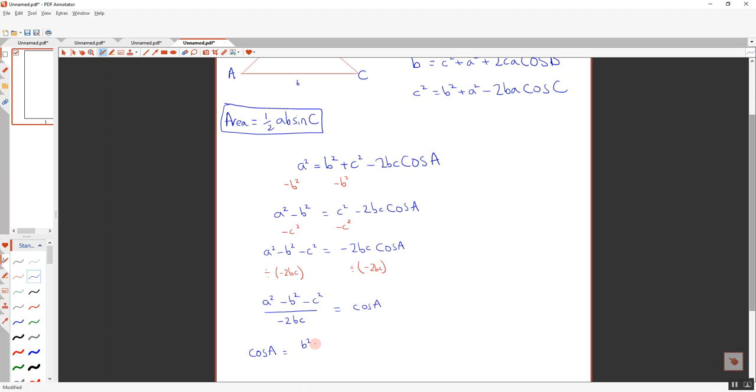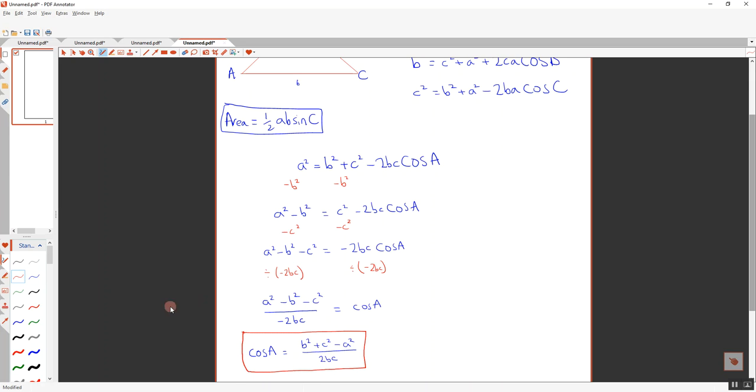The negative c squared becomes positive c squared. And the positive a squared becomes negative a squared. So what I'm doing is dividing each term by the negative part. Do the same on the bottom, divide this by the negative, and it becomes positive. So I get 2bc. So that is the formula for finding the angle.